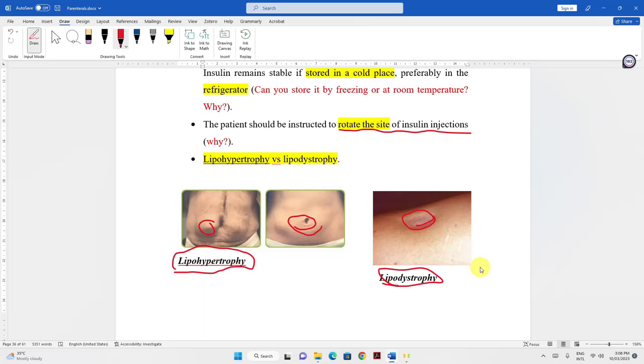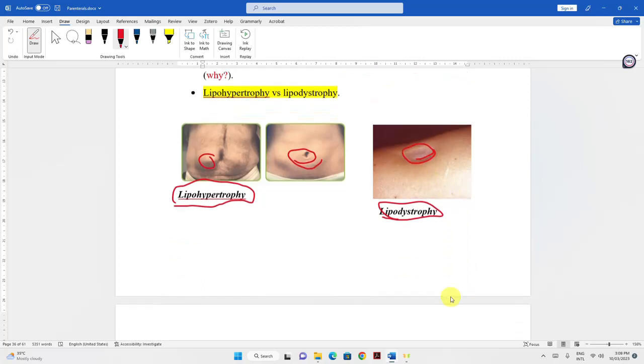With the advances of technology now, we don't have such impurities. It's very pure insulin that we get, and they found that with the new products coming up that have high purity, this problem of lipodystrophy is eliminated. That's why they say the main reason may be the impurities in the insulin.